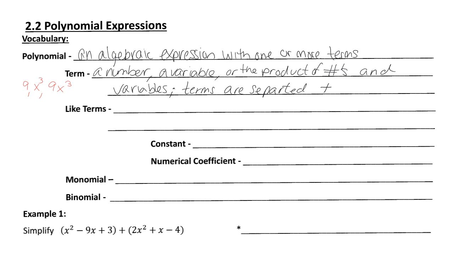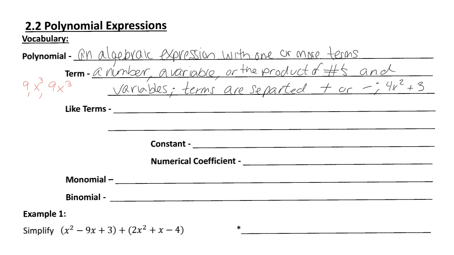So again, that would be something like if we had 4x squared plus 3. So 4x squared is a term and 3 is a term. Not the whole thing. The whole thing's an expression. But 4x squared is a term and 3 is a term.